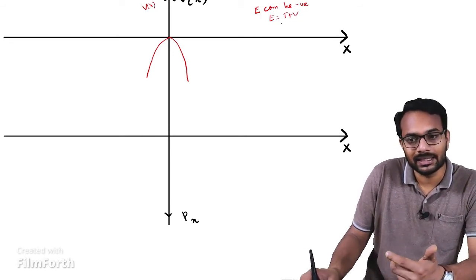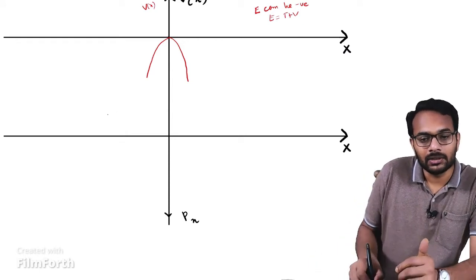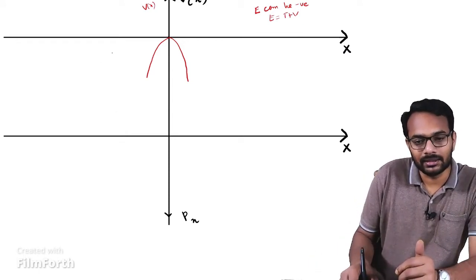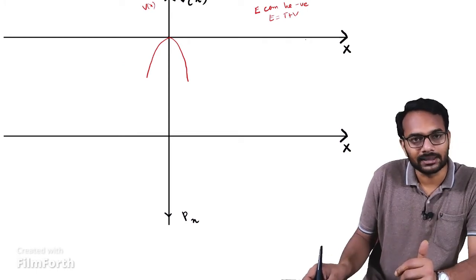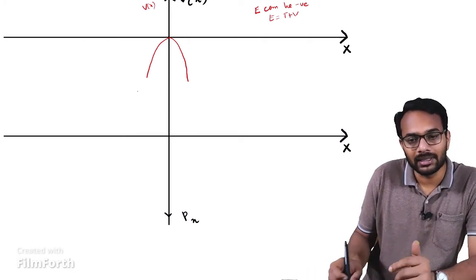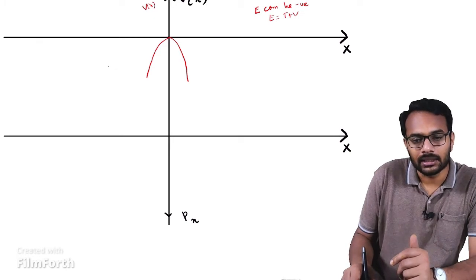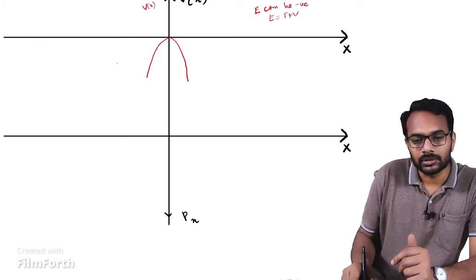So in this case, the total energy can be negative. Let's draw different energy lines. Energy lines are just straight lines parallel to x, and they correspond to different possible energies of the particle. Let's draw one energy line here. These are supposed to be straight lines.